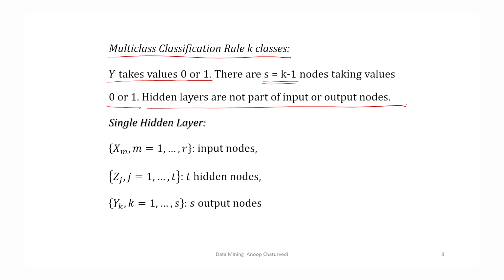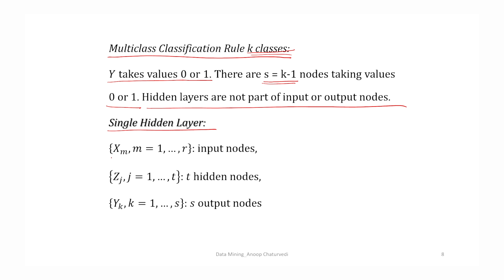So, basically your output has k classes, and y corresponding to a particular class takes value 1 if the observation is classified into that class, otherwise it takes value 0.